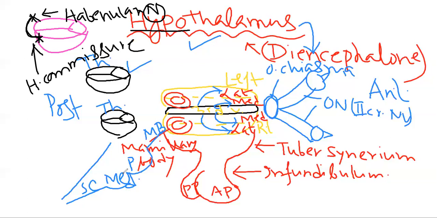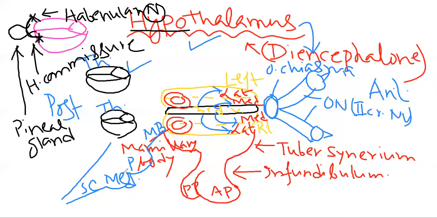And just posteriorly, the important gland that is present is known as the pineal gland. So this is our pineal body or pineal gland. Together, the habenular nucleus, habenular commissure and the pineal gland will ultimately form the structure which is known as our epithalamus.